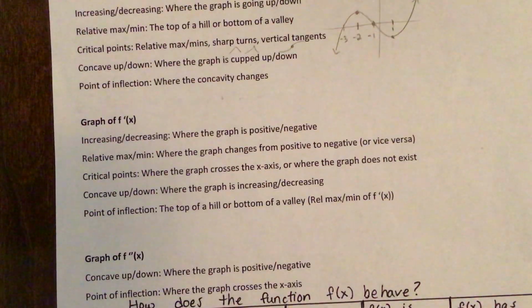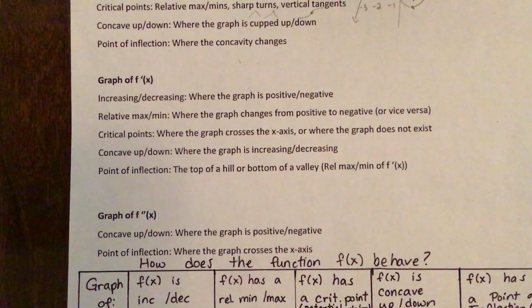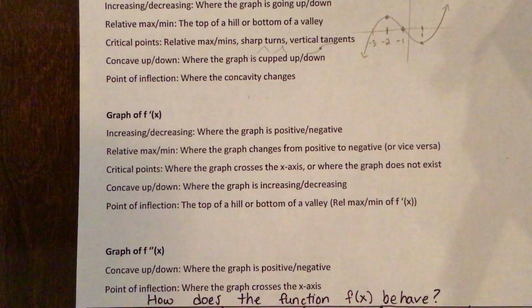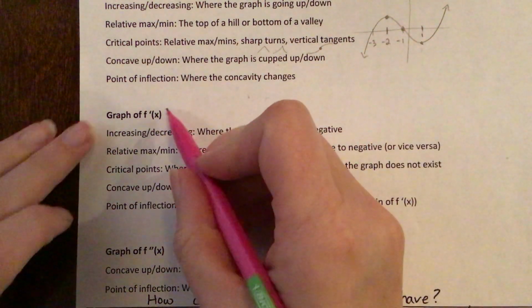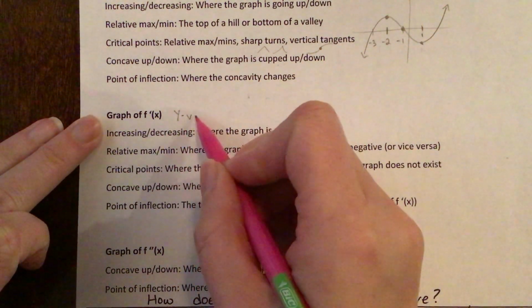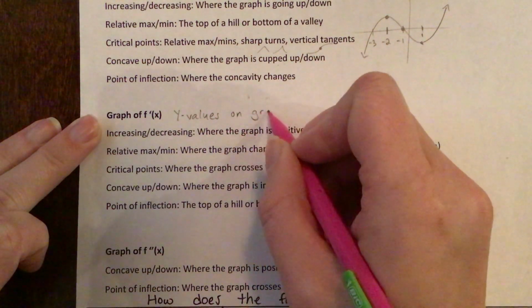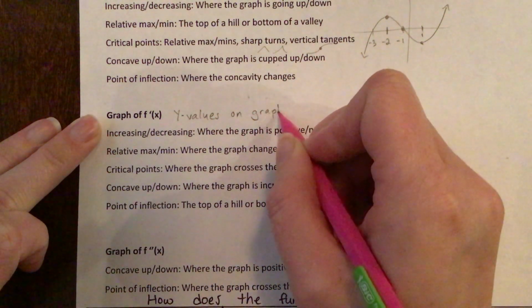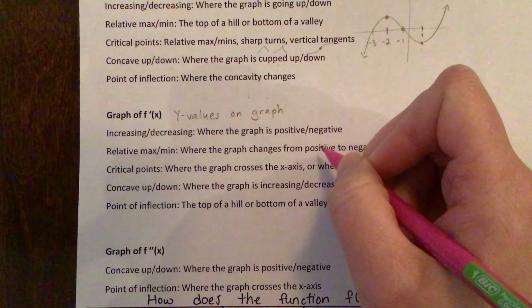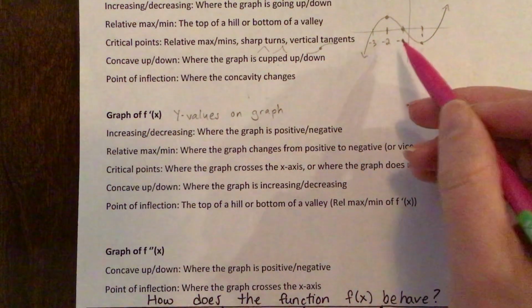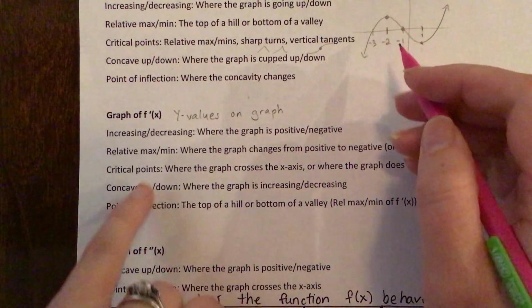Okay. Let's say that instead of given the graph of f of x, you're given a graph of f prime of x. What that means is that the y values on this graph are the slopes of the tangent lines of points that would have been on your f graph.